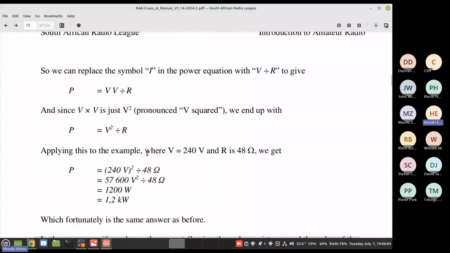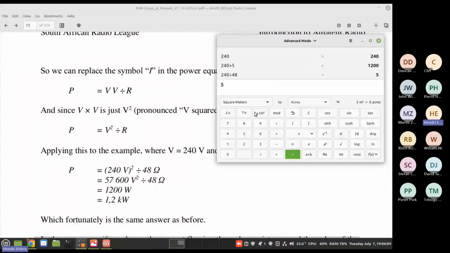So if we pull our calculator closer once again, say 240, now I must hunt for that little squared button.